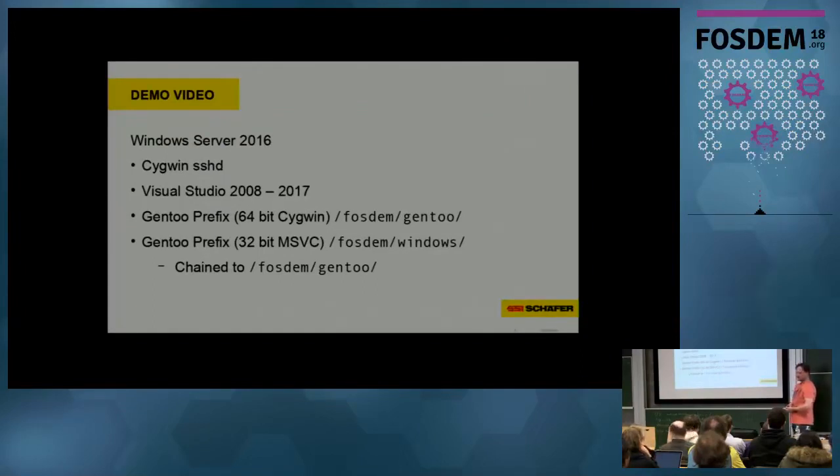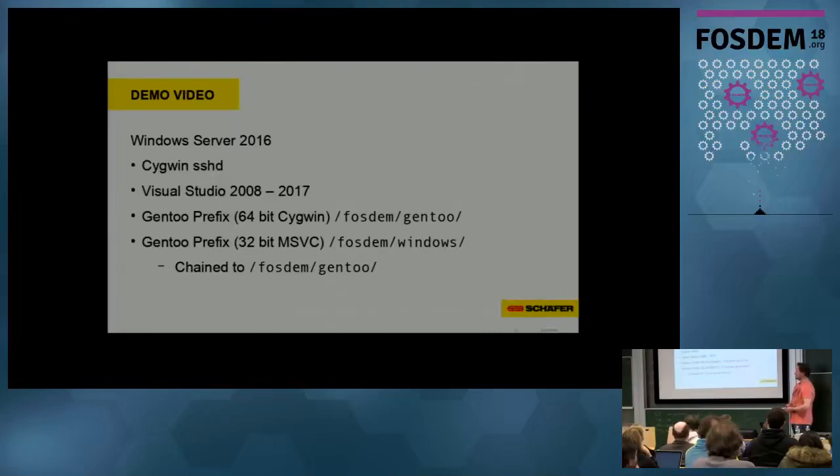I have set up in a VirtualBox a Windows Server 2016 with standard Cygwin setup plus the Cygwin SSHD. On this Windows, I have installed all the Visual Studio versions from 2008 to 2017.